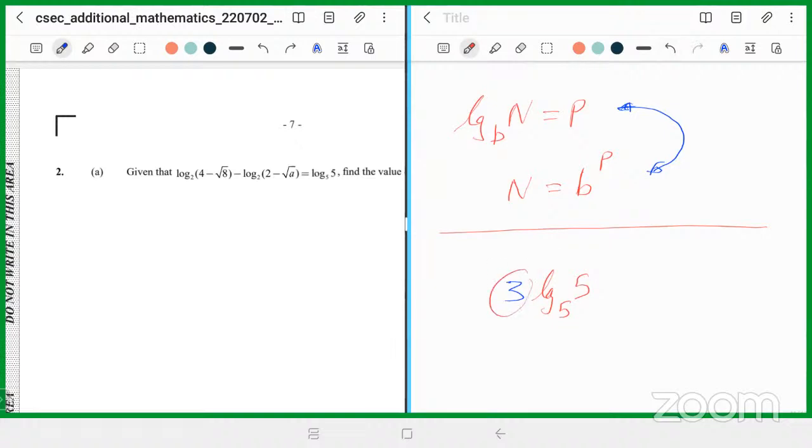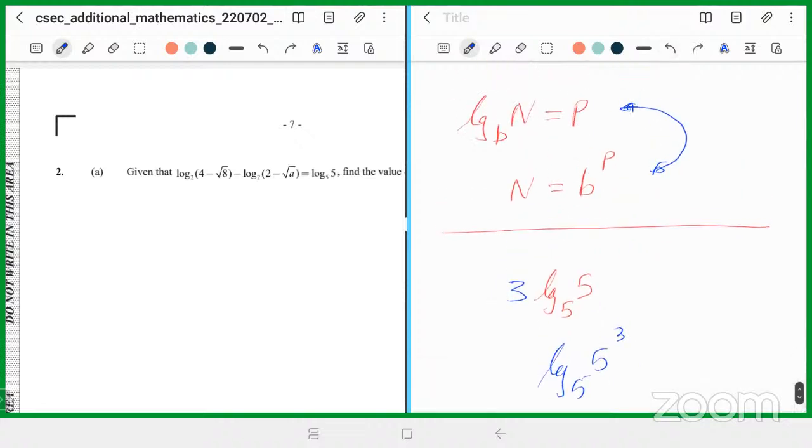And then the power can go up there, and the multiple can go up there. And so the 3 would have become log to base 5 of 5 cubed. And 5 cubed will be 125. So it would have become log to base 5 of 125. This 3 that I had would have become that if I want to write it in terms of logs. Simple as that. All right.